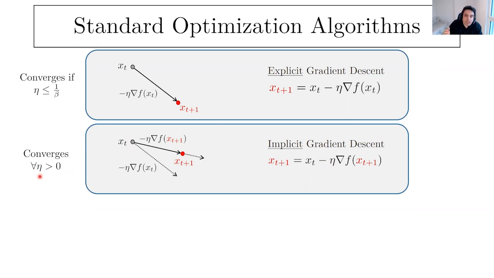So this algorithm converges for any step size. And as a matter of fact, the bigger the step size, the faster the algorithm. It's an interesting feature of implicit gradient descent. But of course, you pay the price somewhere else. Solving this equation is the price to pay.